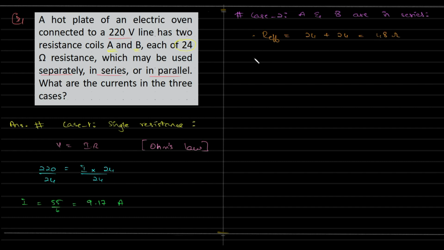Next, to find the current, which is V by R effective, so this will be 220 by 48. We already know 220 by 24, so we can do a smart thing. 220 by 48, we can write it as 220 by 24 into 1 by 2. So 220 by 24 is 9.17 divided by 2.